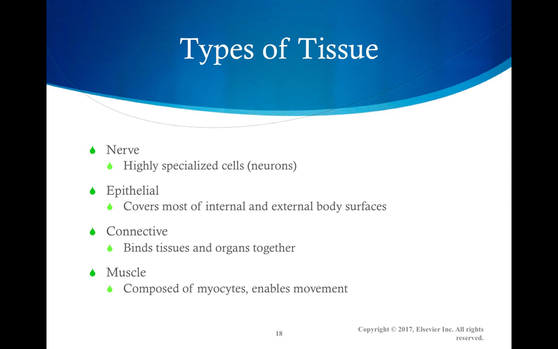Epithelial cells cover most of our internal and external body surfaces, and these are our first line of defense for infection and immunity. Connective tissue is how tissues and organs are bound together, and muscle tissue is composed of a type of myocyte that actually enables movement.